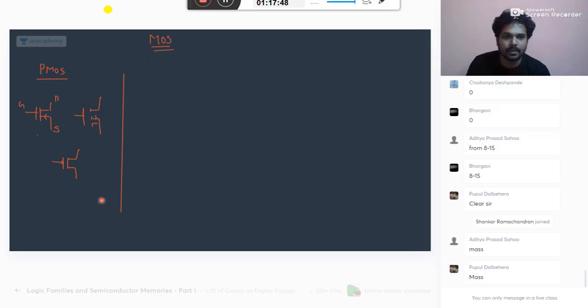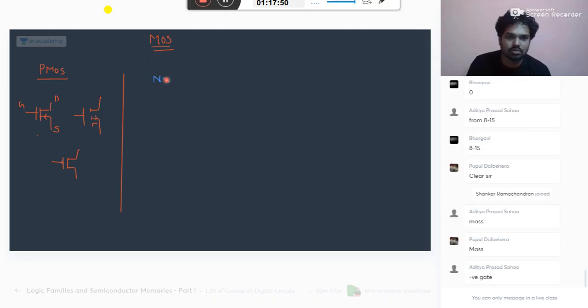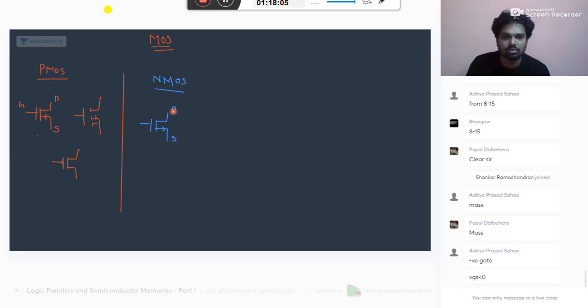Similarly, NMOS. Here the arrow direction will be reversed, and you need not have a bubble here.